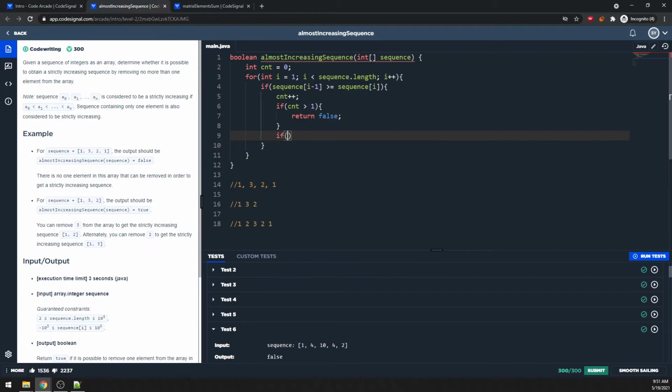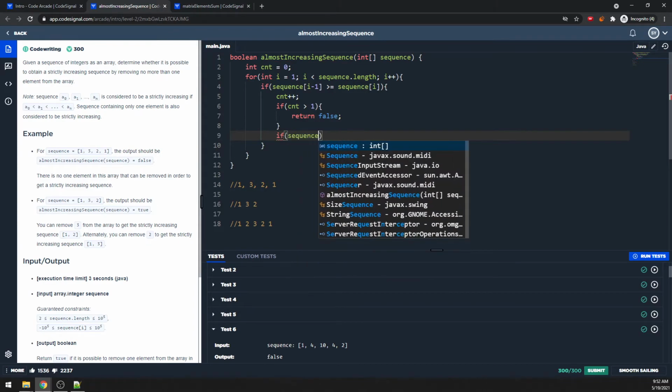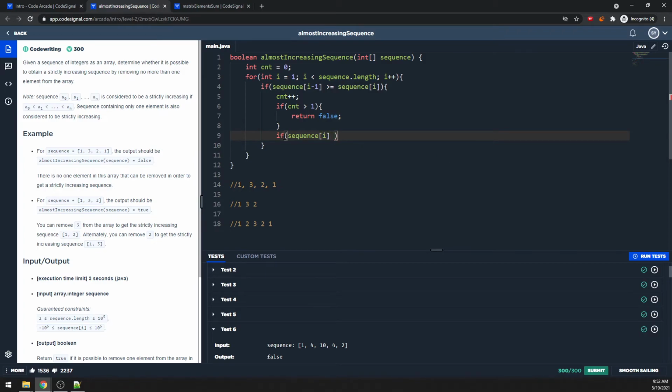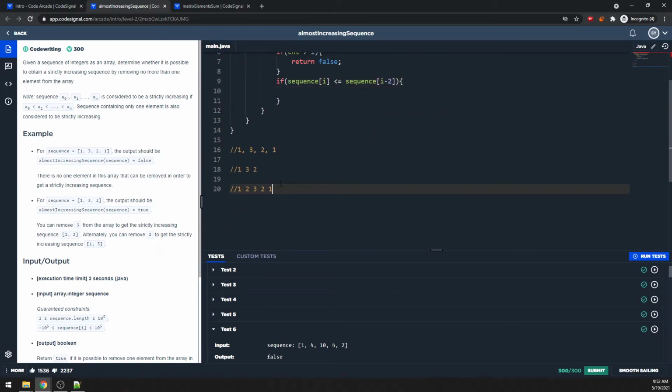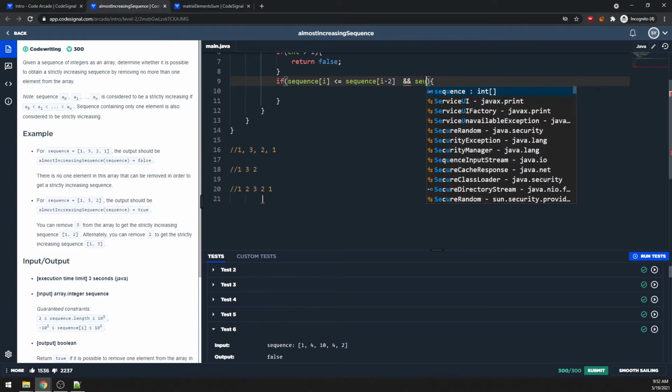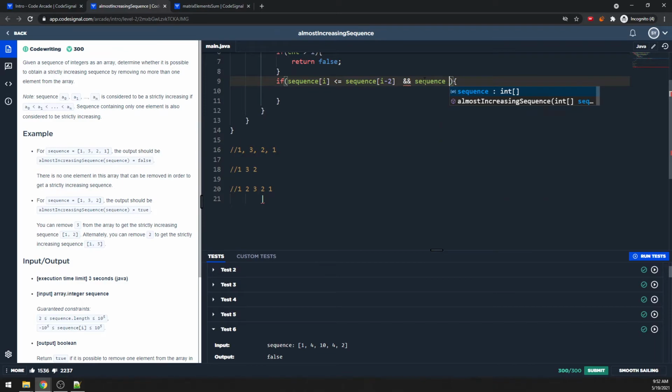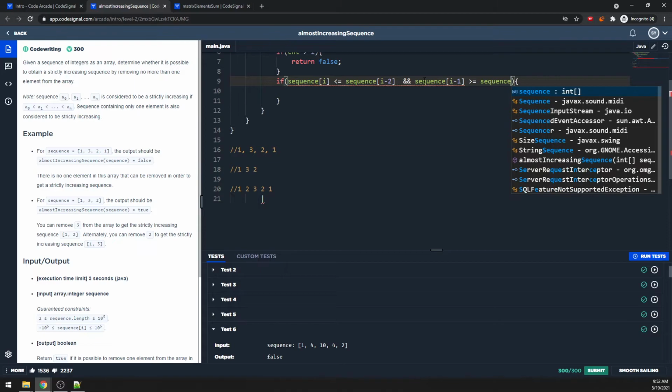So if sequence of I is less than equal to sequence of I minus 2, so let's say the I is right here, sequence of I is less than equal to sequence of I minus 2, and sequence of I minus 1 is greater or equal to the sequence of I plus 1.